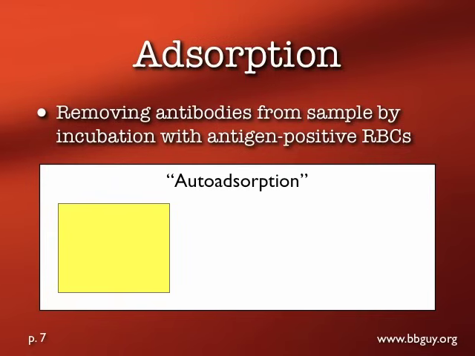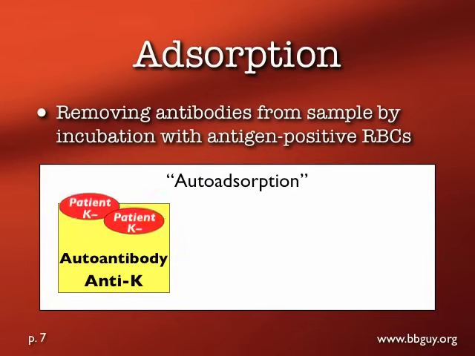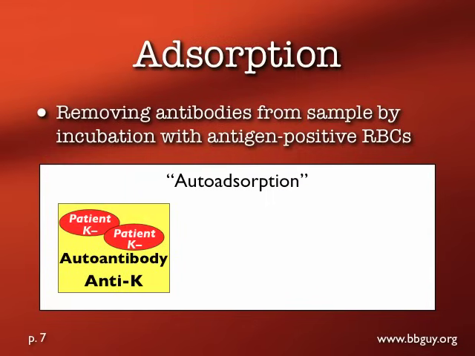There'll be more on this later, but autoadsorption, let's say we have an autoantibody, and that autoantibody is reacting against so many cells that we can't see that there's an underlying anti-Big K. So in order to find that Big K, we have to somehow get that autoantibody out of there. And the way that we do that is by incubating with the patient's own cells. So we would assume if that anti-Big K is there, that they're Big K negative.